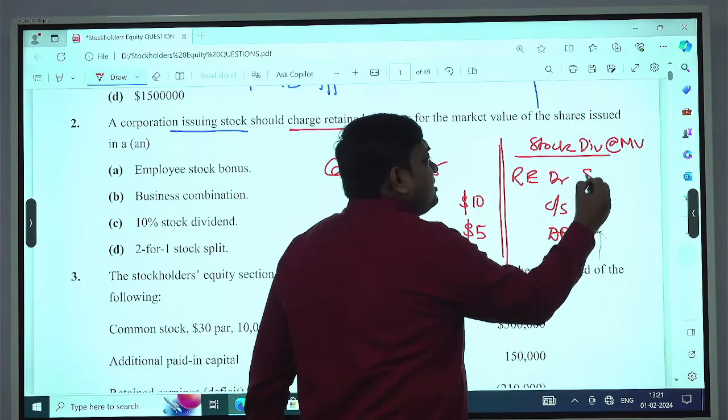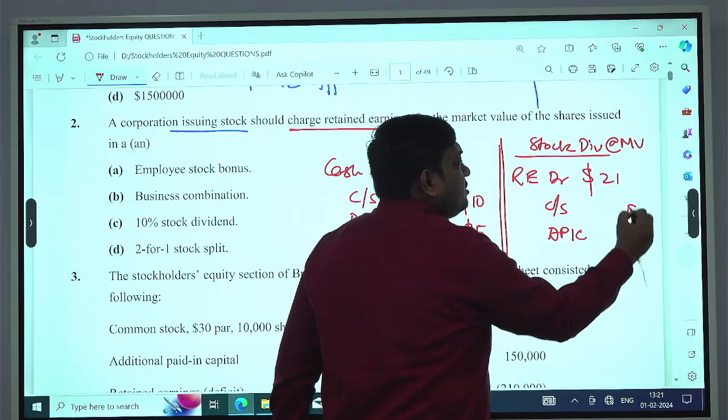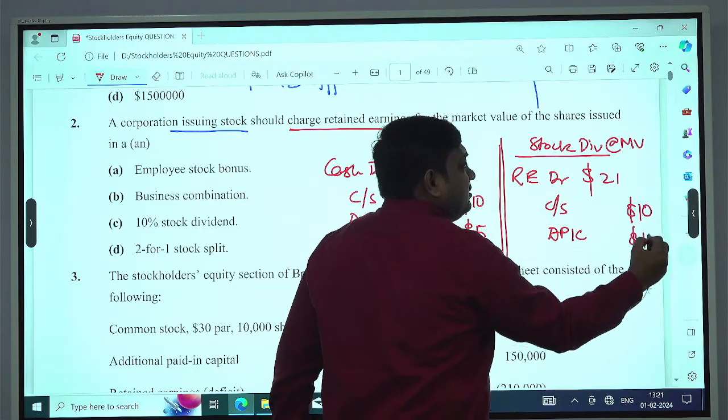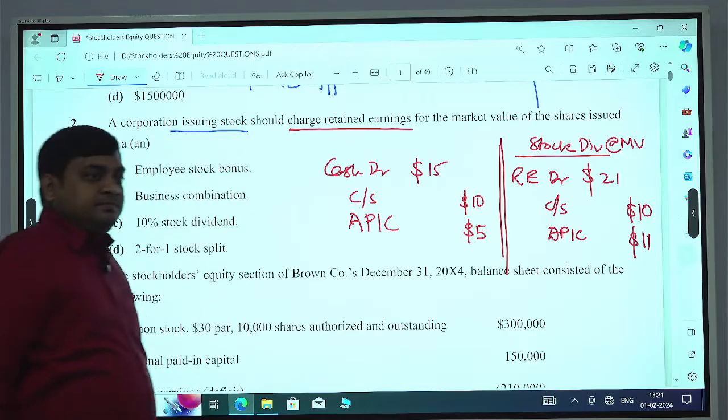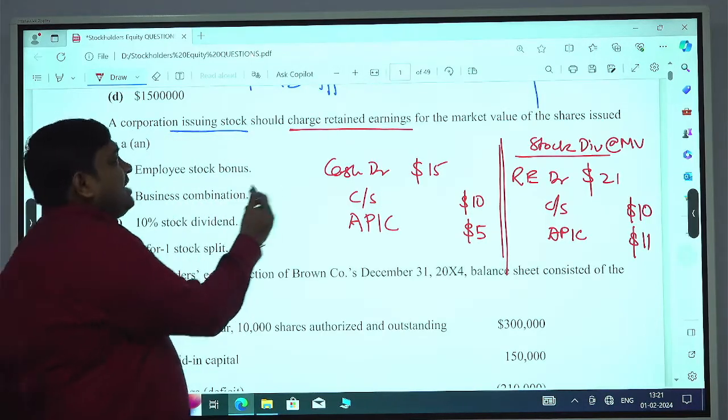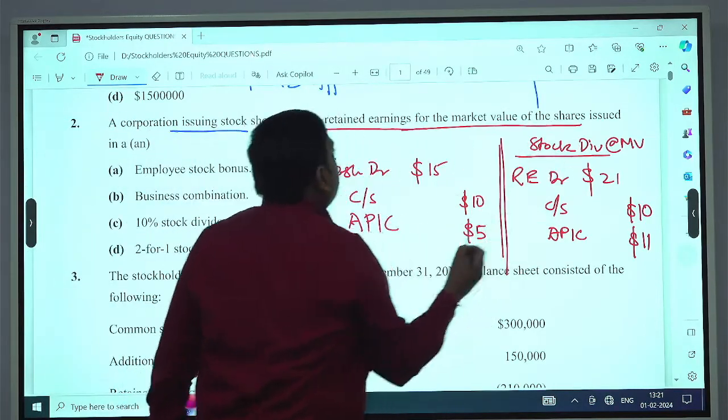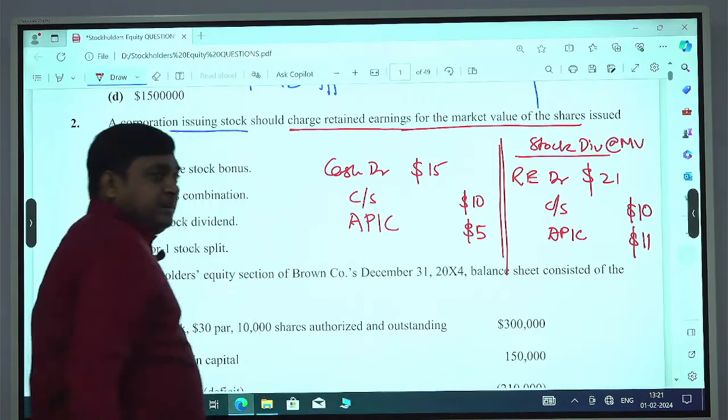Suppose market value is 21. So this is $10, this is $11. So when do you charge retained earnings for the market value of the share? At the time of stock dividend.